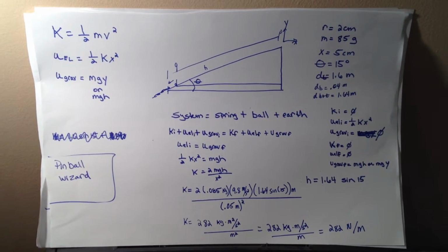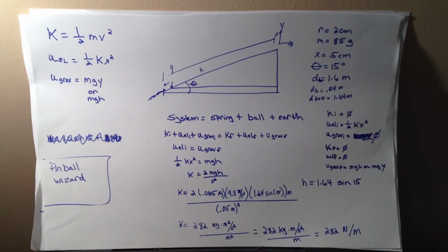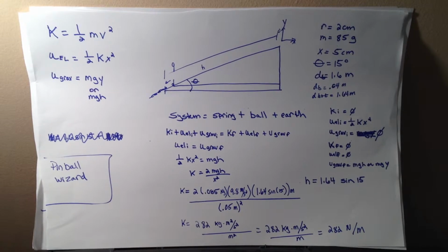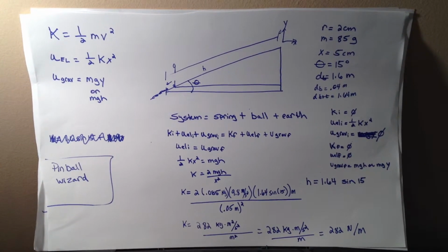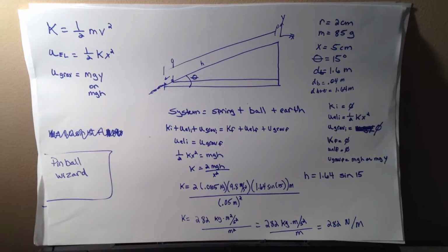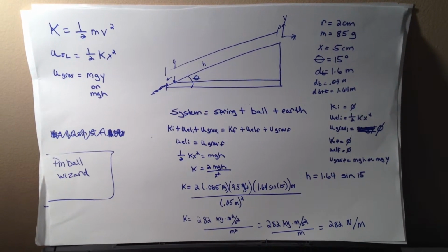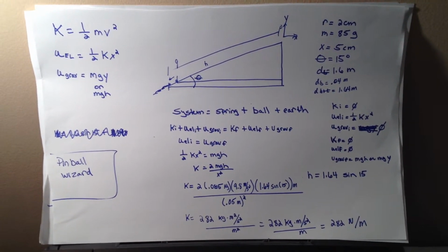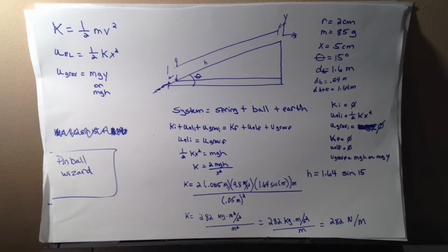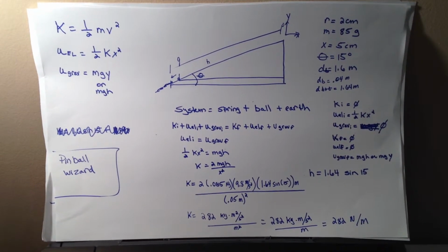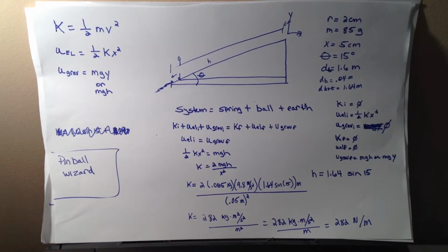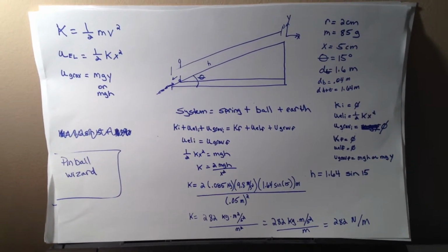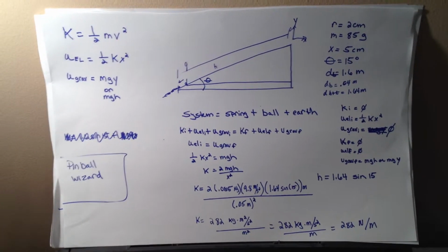The main distance of the table is 1.6 meters. The diameter of the ball is the radius times 2, so that's 4 centimeters, which converts to 0.04 meters. The total length is 1.64 meters, the distance of the ball plus the distance of the table.